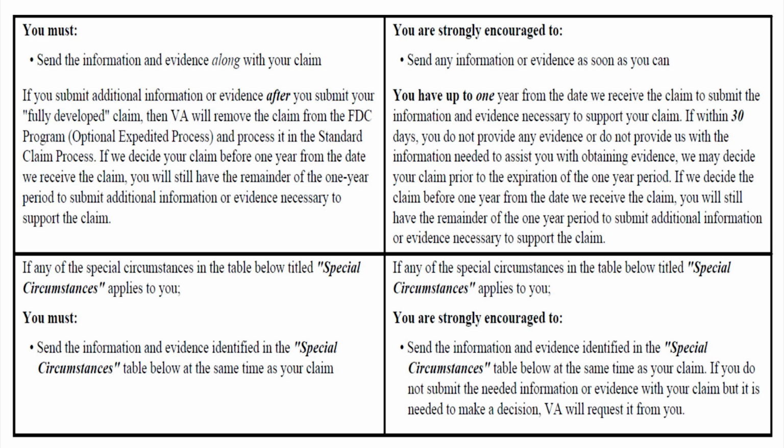Okay? So what does that paragraph mean, or what are they saying under the standard claim process? Basically, that VA Form 21-4142 that I talked about in slide number 2, if they don't get that within 30 days to go out and get the information for you, they may go ahead and just decide your claim.